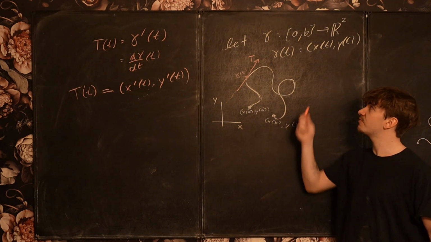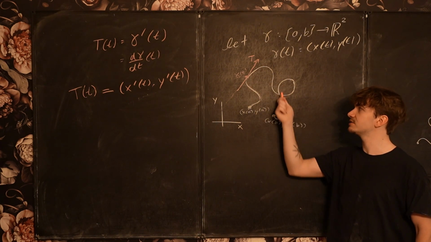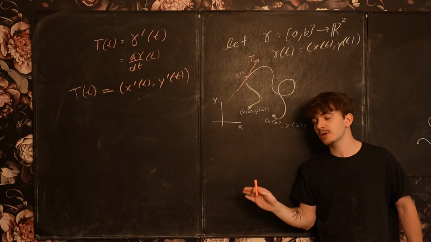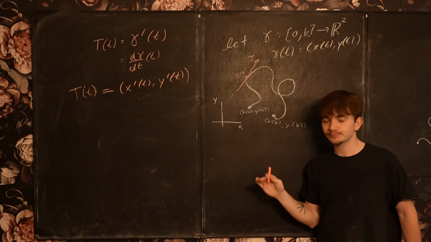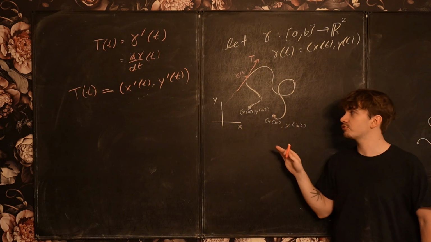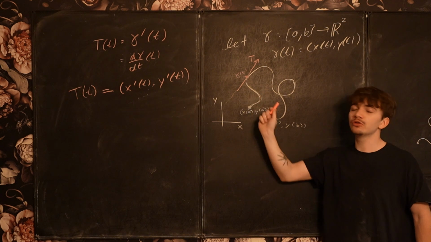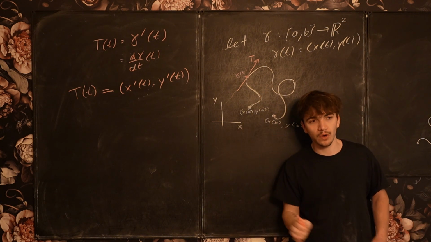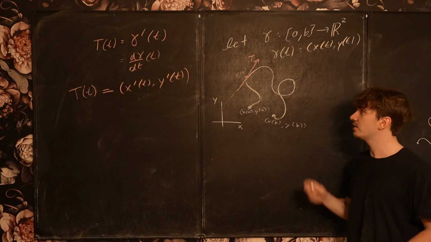That means I'm free to reparameterize this curve as long as it has the same geometric shape, the same graph. As long as it has the same graph, I can reparameterize the curve so that its tangent vector is always of magnitude 1.